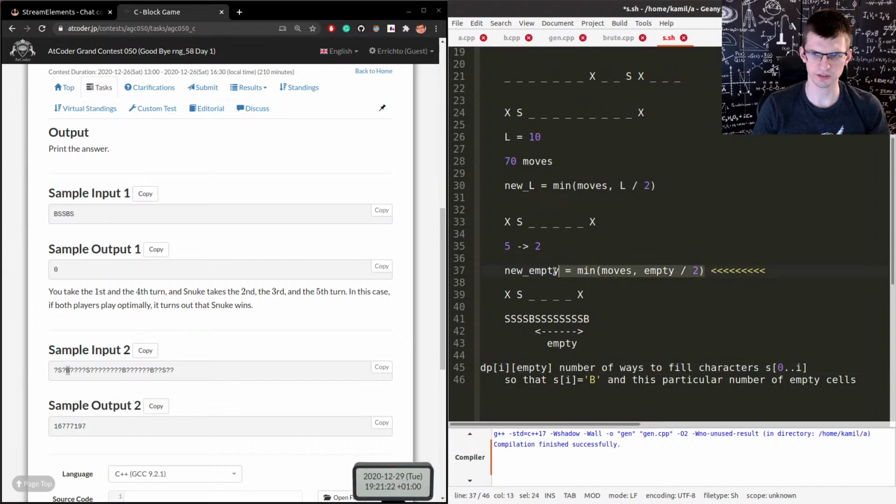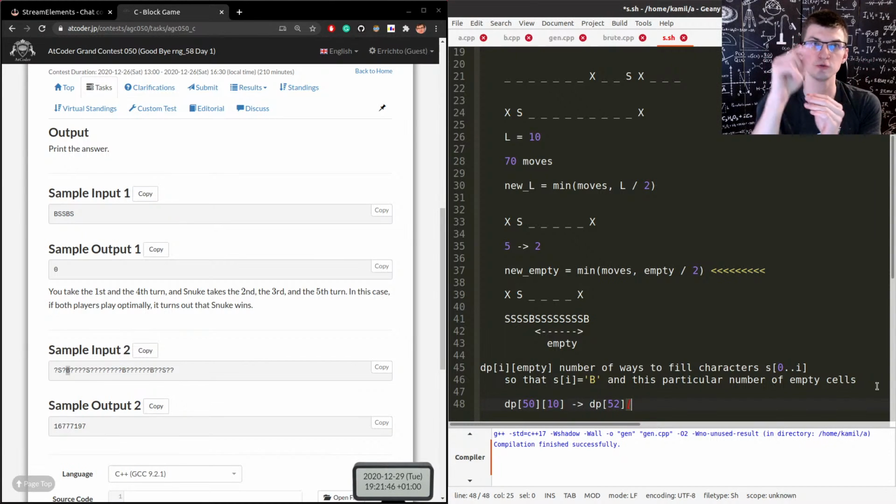This is the transition. From I to j, moves is how many S's there were in between. From dp of 10 and let's say 50 and 10 empty, we'll move to dp of 52, and then to 52 there was 1 S in between, so just one move.